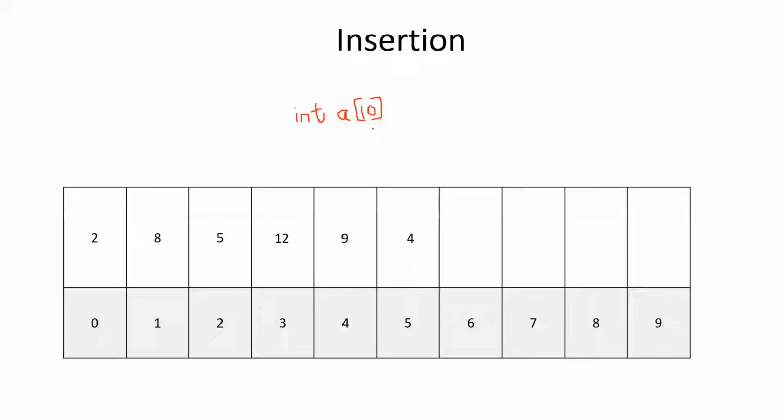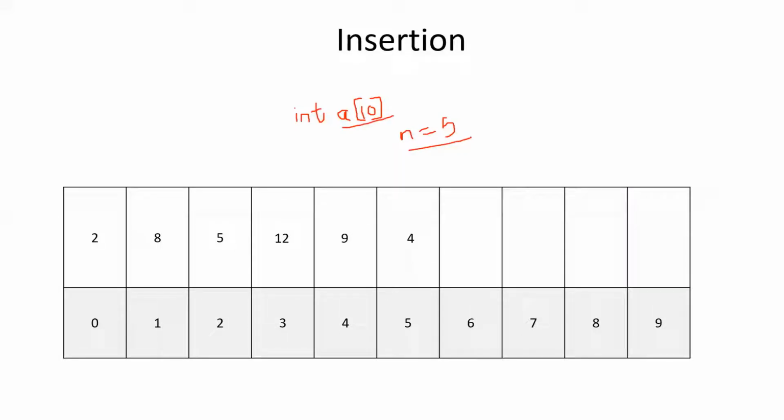After this, we will ask the user to enter the number of elements, in a variable called n. Mostly I'll be entering 5, right? Or you may be entering any number below 10. Even if we declare an array of size 10, you may be filling it with only a few numbers.